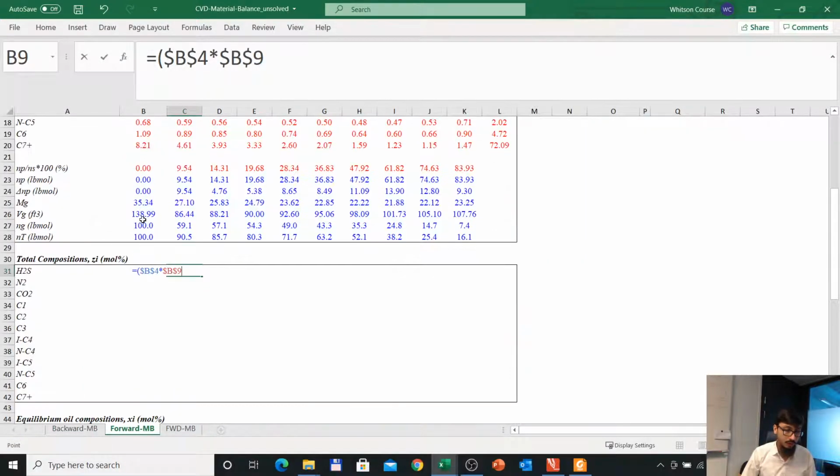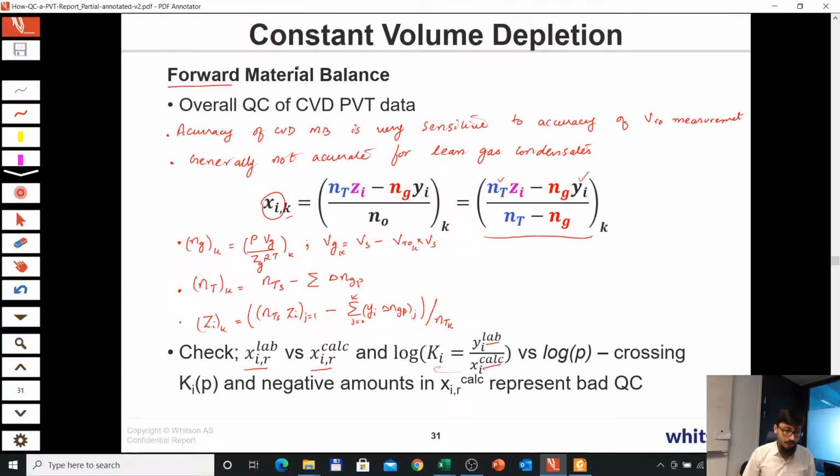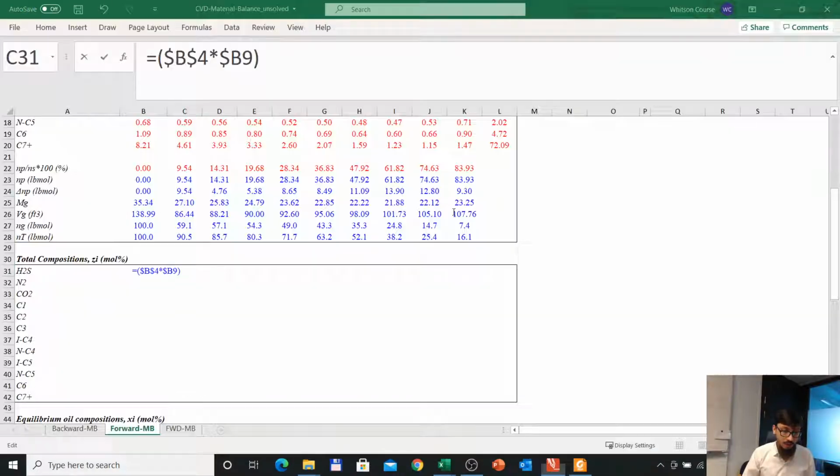Again, we need to fix it such that it doesn't change when we drag on the right, but it can change when we drag down. So it should be like this. So that's this guy here, NTSZI J1, minus the moles produced.